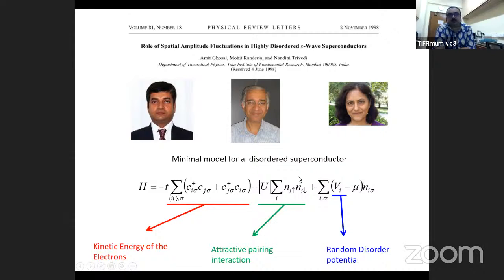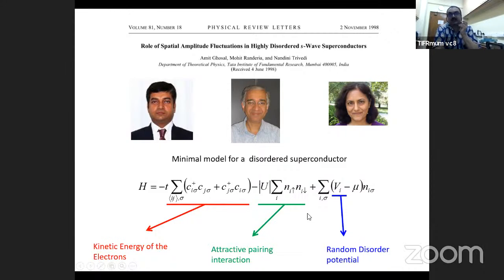Then what we assume is that if you have electrons with up and down spin on the same site, they have an attractive interaction. This is to simulate the attractive interaction, and therefore you put a negative energy for two electrons with opposite spin on the same site. So this is the attractive pairing interaction.